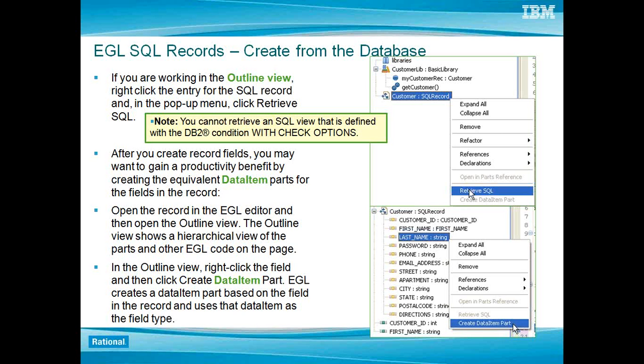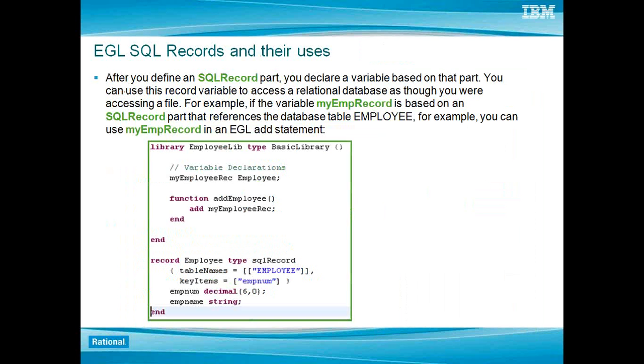Here we are showing how we can retrieve columns. Now we are going to see the code example given here. We have a library, its type is basic library, and we have my employee rec, its type is employee record.